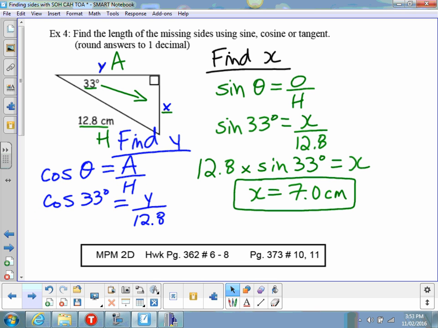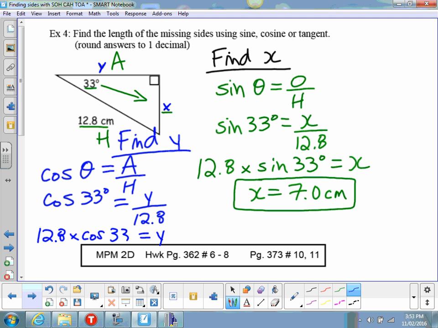So this last step, when I take the 12.8 to the other side, it's going to be 12.8 times cos 33 degrees. And when I do that, I should get for y about 10.7 centimeters when I round it to one decimal place.